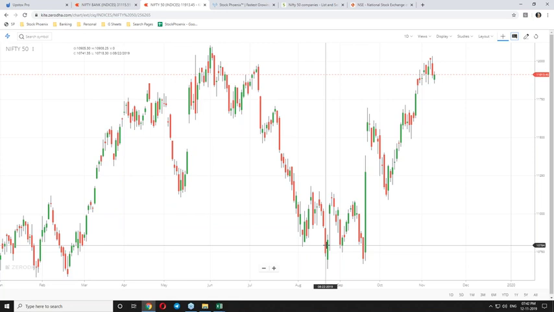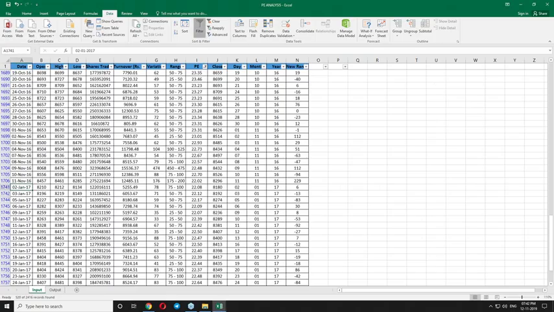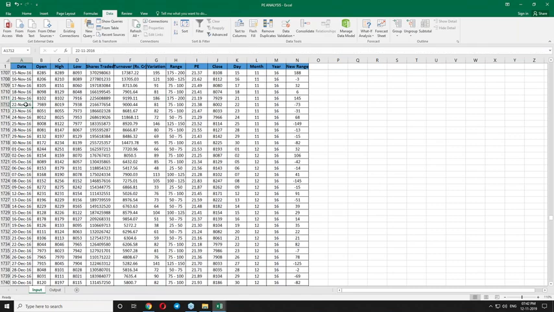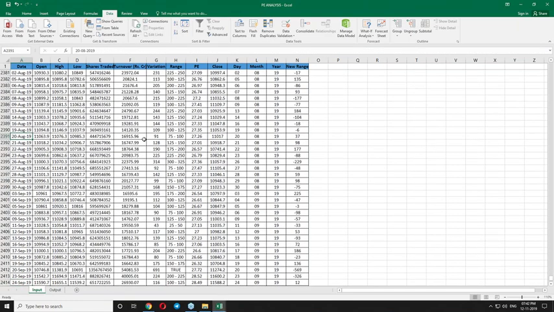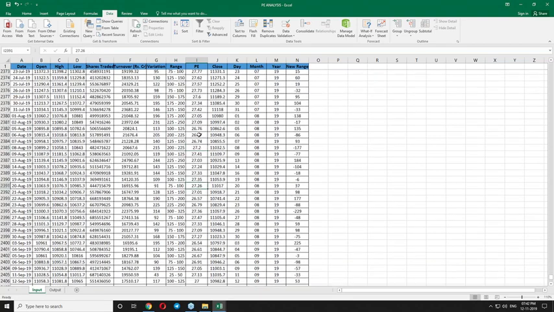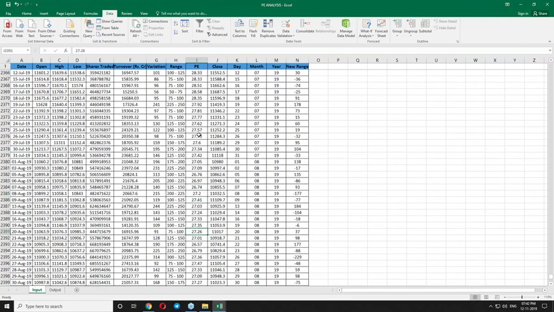August 2019, let's check. I think data should be there. So it is 27 because the Nifty PE ratio went up to 30 levels.